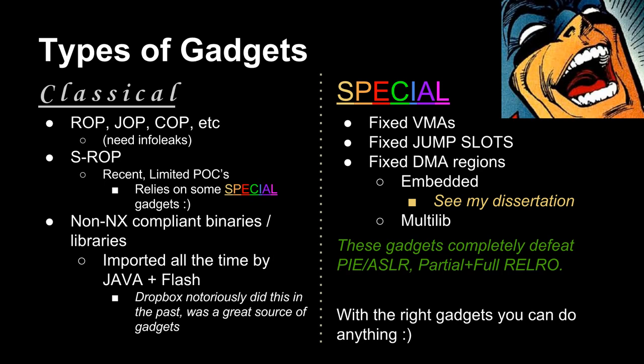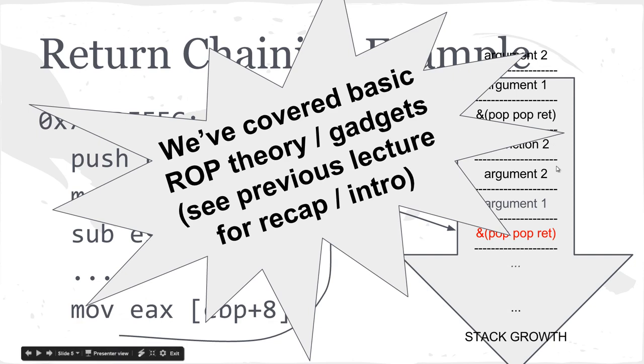There are other special gadgets worth mentioning for embedded systems and multi-lib architectures that are more specialized and revolve around exploiting fixed direct memory addressed regions or fixed DMA'd regions. In the end, with the right combination of gadgets, you can pretty much do anything to a system.